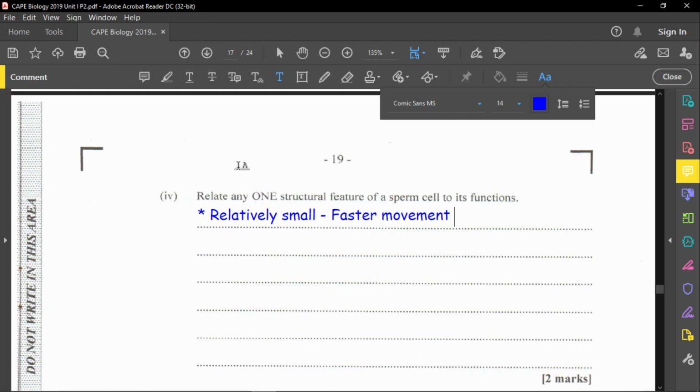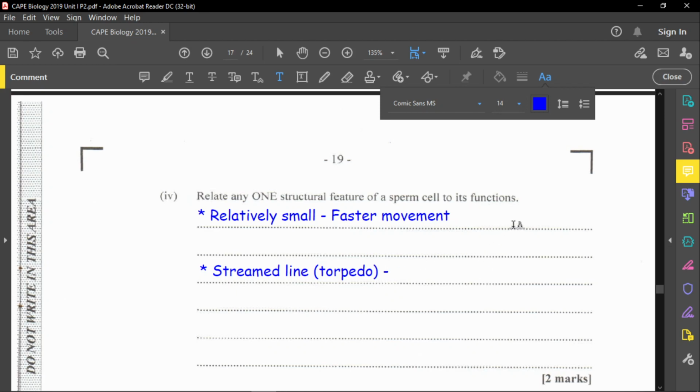All right, great. Another point I'm going to make is that the sperm cell itself is streamlined. I'm going to put another word here, which is torpedo. So it's torpedo shaped or streamlined, but streamlined is the best one to use.